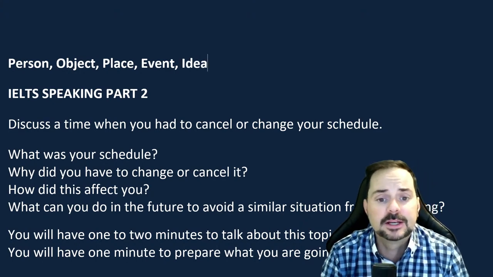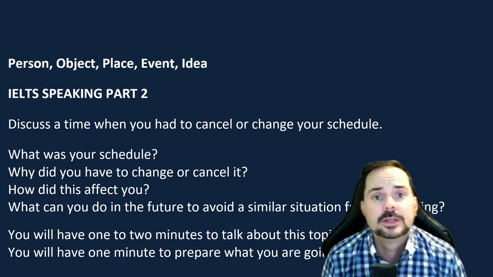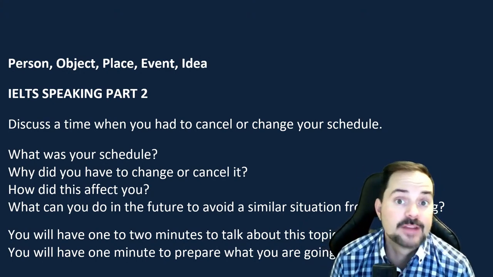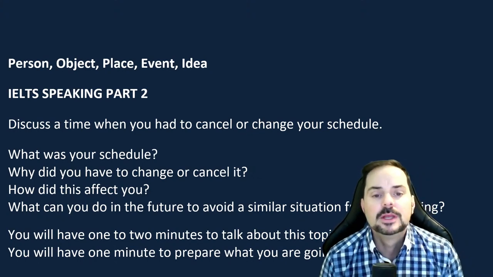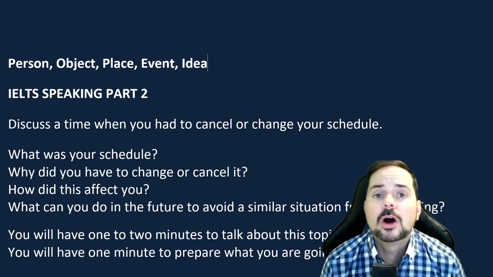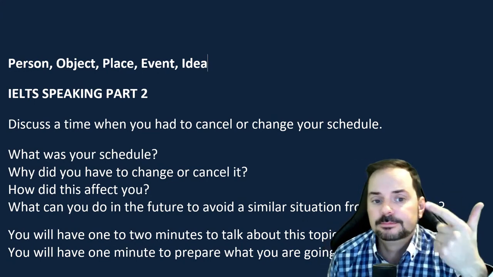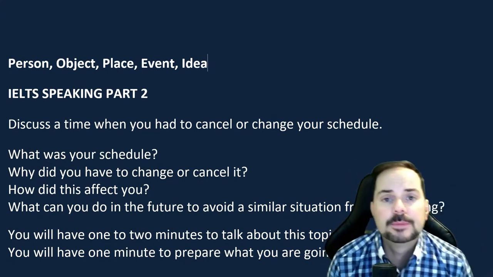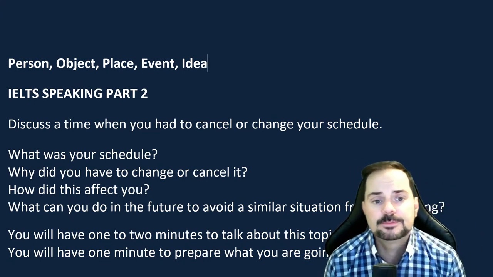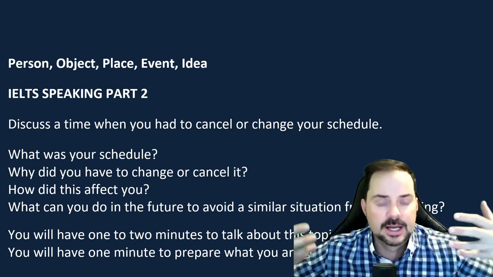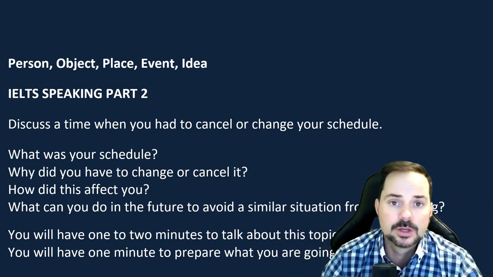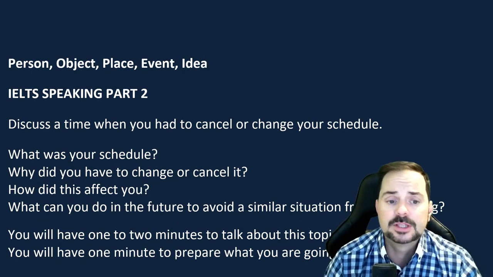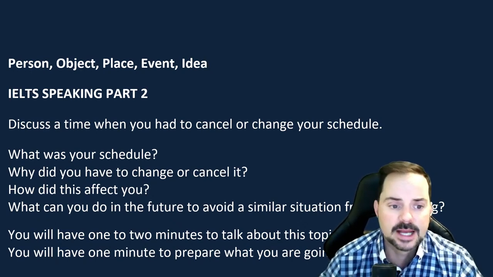And it could be an idea as well, yes. So talk about an idea you had to help your family, for example, right? So person, object, place, event, idea. Sometimes it's a little bit of a combination, but you need to recognize what you're dealing with when you look at the cue card right away. That should only take you a fraction of a second when you practice.